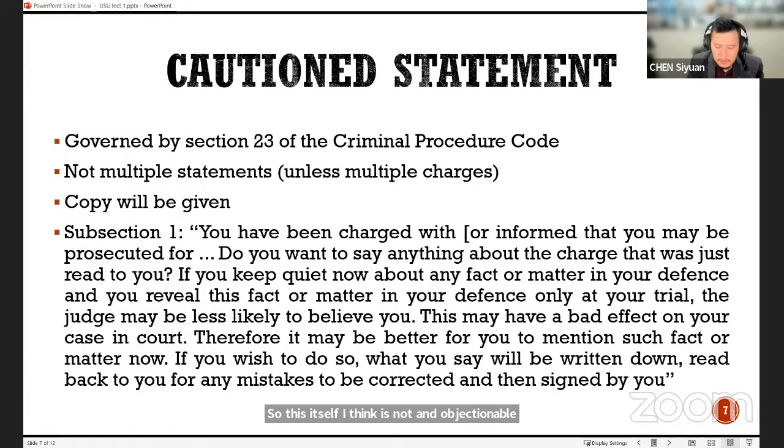The disclosure regime is a bit more in favor of the prosecution having all the evidence and the accused not necessarily having access to it, especially when it comes to the long statements, right? If you recall the long statements, the prosecution, or the police more specifically, can obtain it as many times as possible. They can obtain it anytime. Before they charge you, after they charge you, they can keep taking statements.